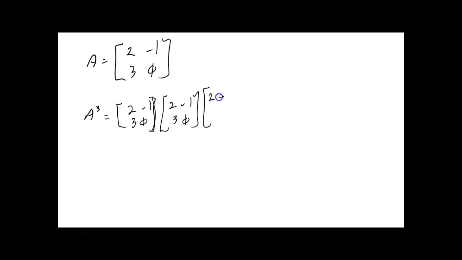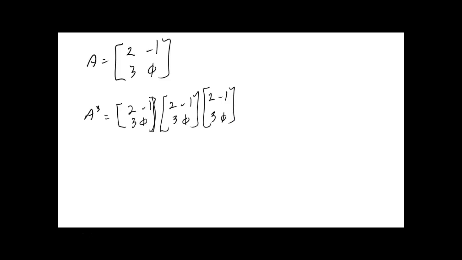Let's do A cubed, which would be 2, -1, 3, 0 times 2, -1, 3, 0 times 2, -1, 3, 0.